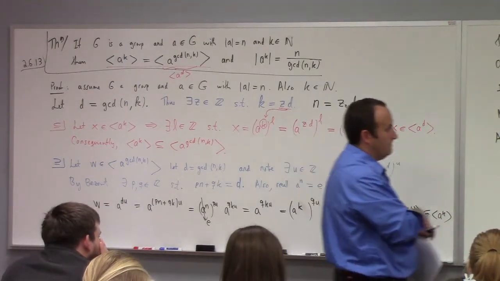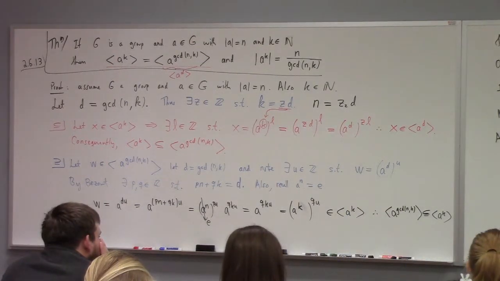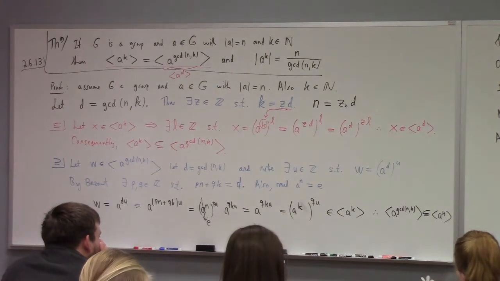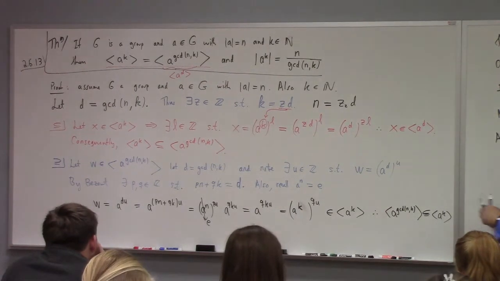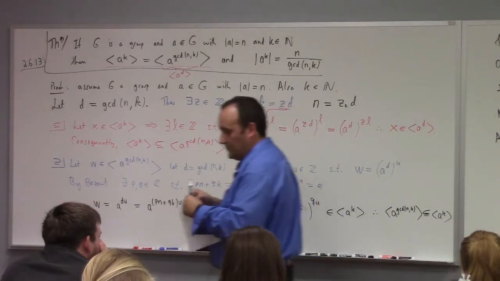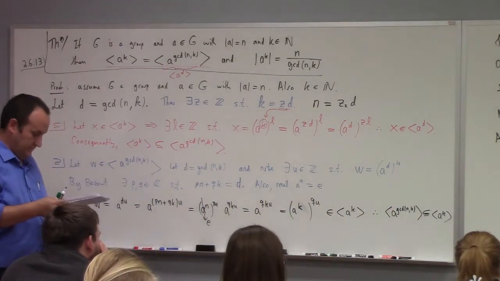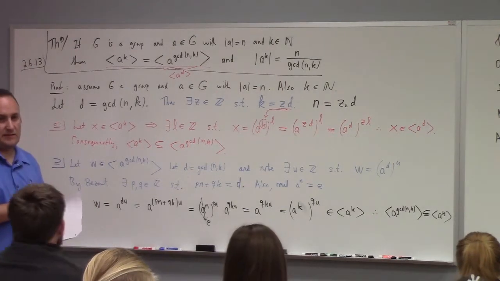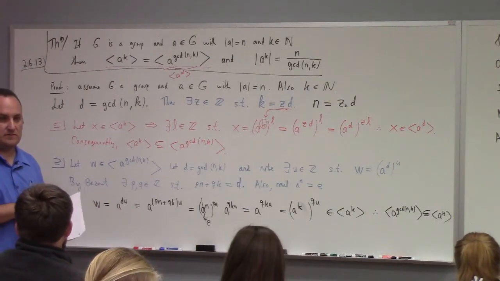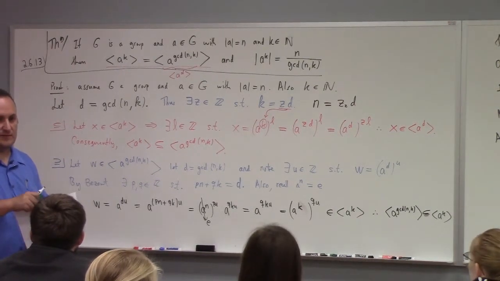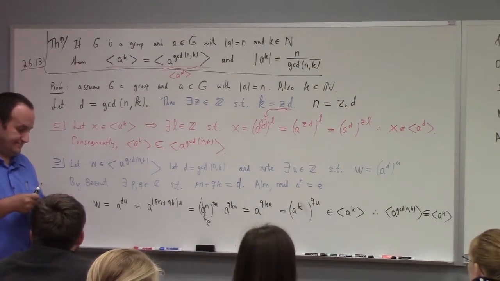Therefore, the order of a to the k is equal to n over d, which, by the way, is n over GCD of n comma k. So there you go. That is a proof of theorem 2.6.13. Really, no step I made here was that difficult, right? It's just a matter of taking it step by step, calmly.